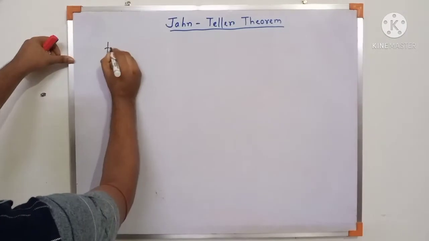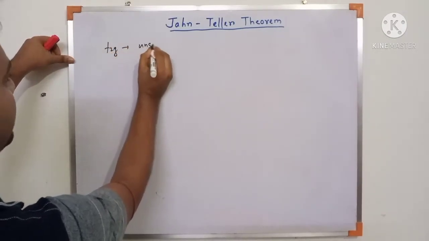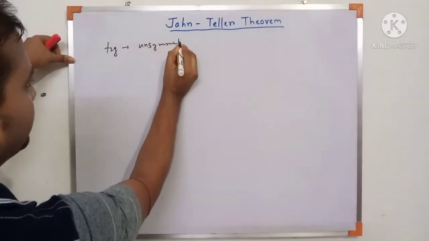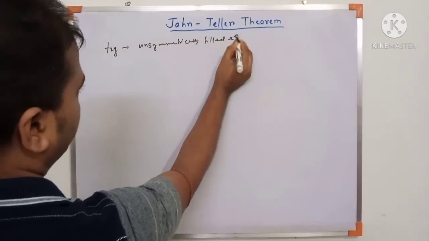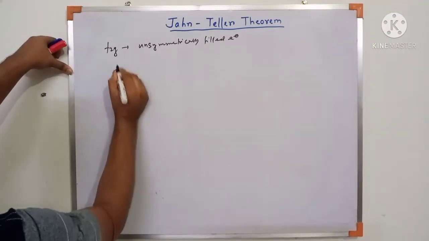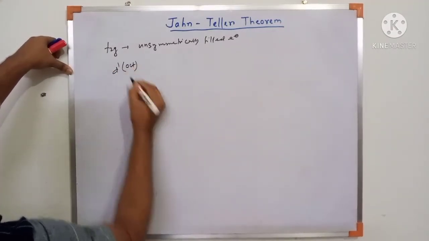Now, in the case of t2g being unsymmetrically filled with electrons, suppose the d1 octahedral case.